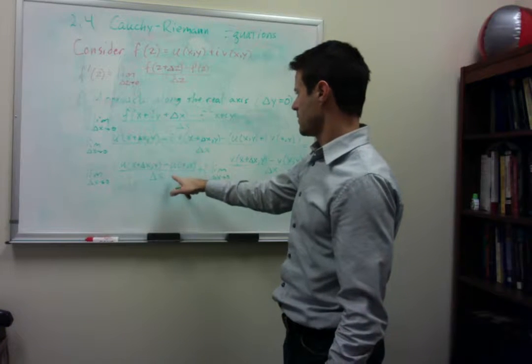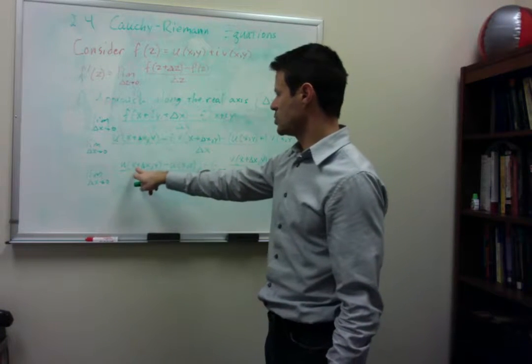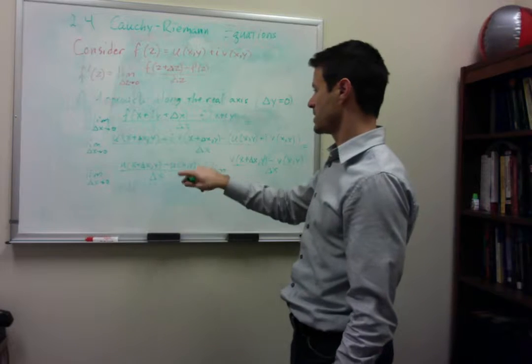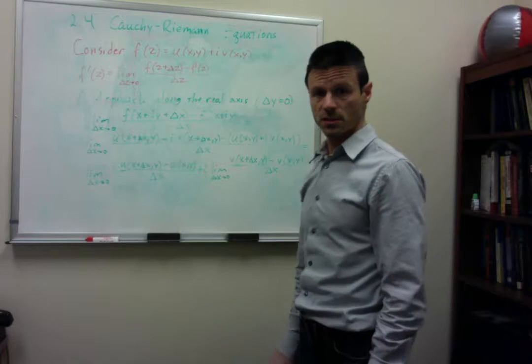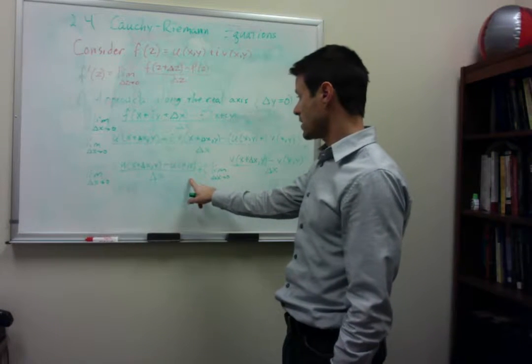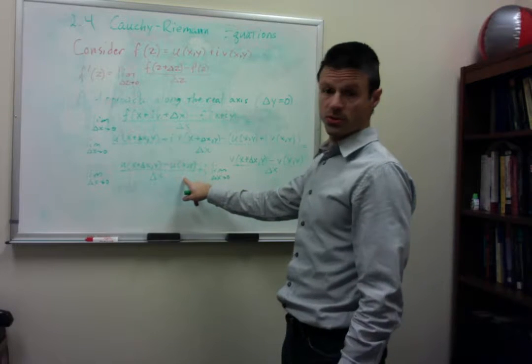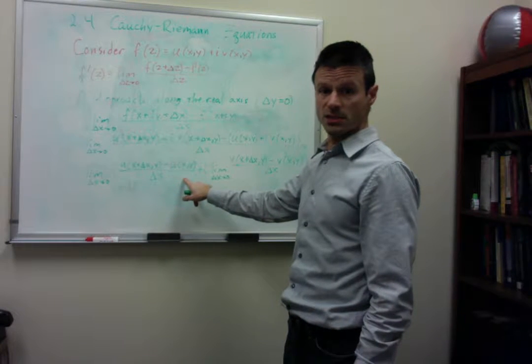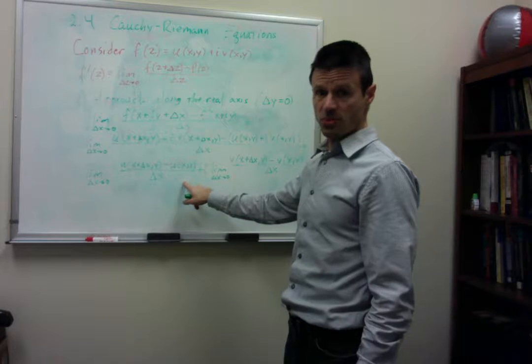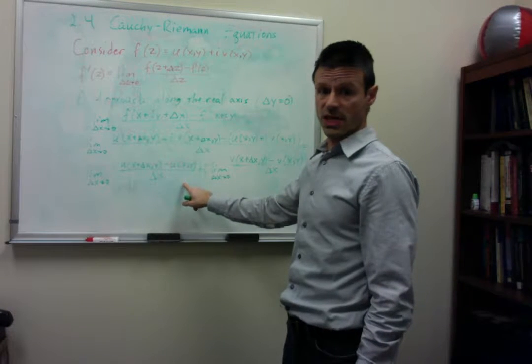If we look at the left-hand side, we have u of x plus delta x, y minus u of x, y divided by delta x. If you go back to Calc 3, this should look familiar to you. This is basically the first partial derivative of u with respect to x.